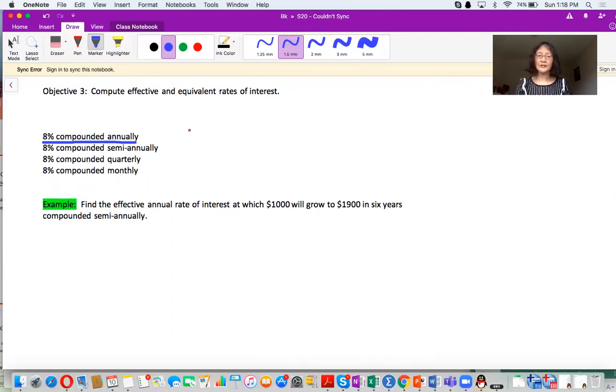So let's do this one. 8% compounded semi-annually. The question is, what is the equivalent rate? Semi-annually means 8% divided by 2.